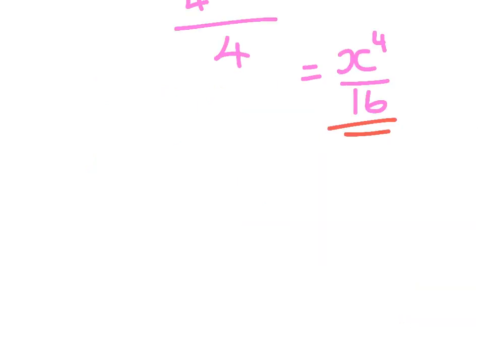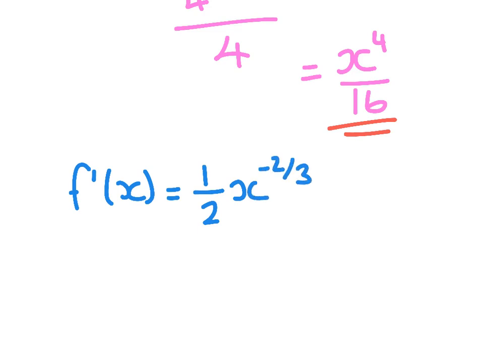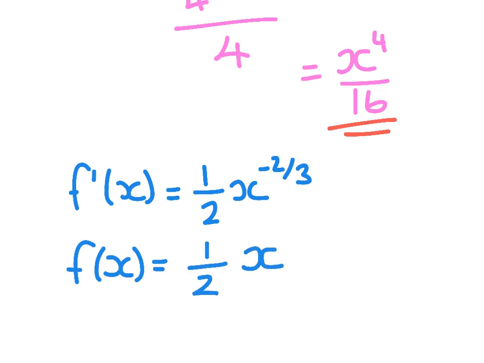And finally, if I have a derivative which is a half x to the negative 2/3, and I want to undifferentiate, I keep my coefficient, I increase my power by 1, so negative 2/3 plus 3/3 is positive 1/3, and I divide by that new power.